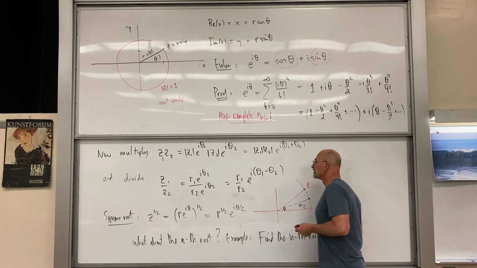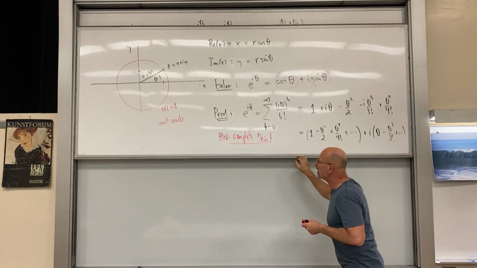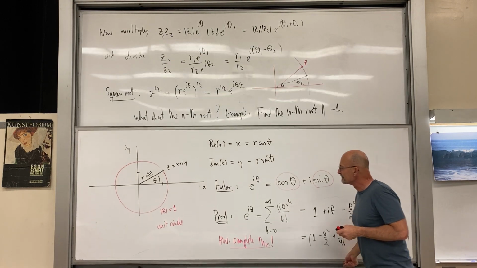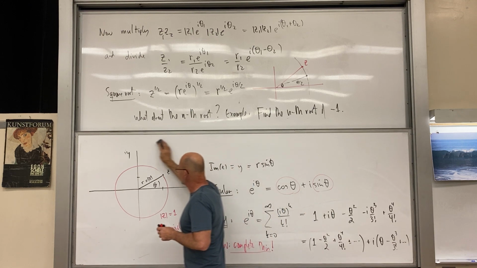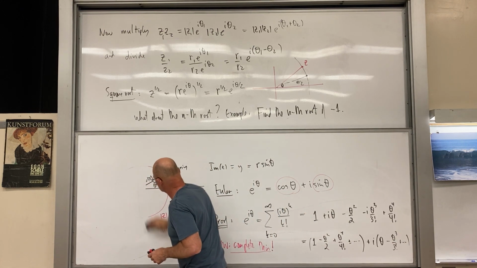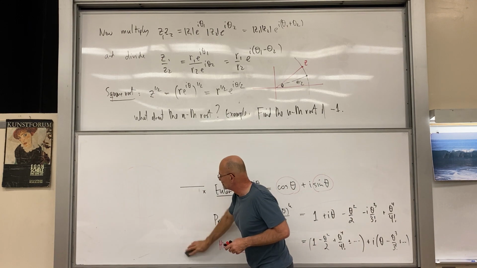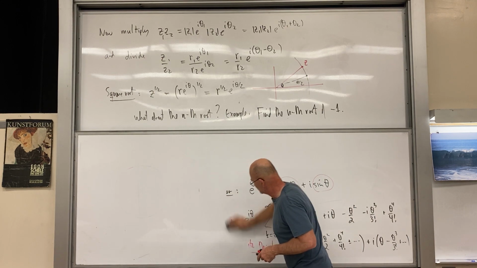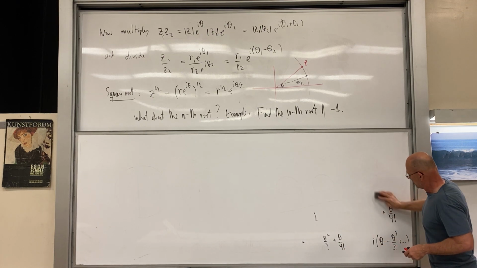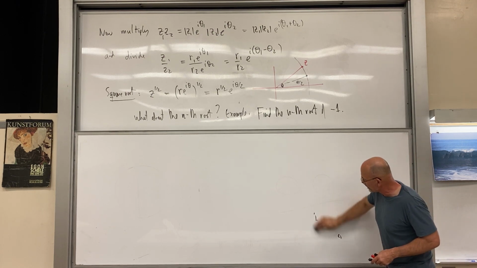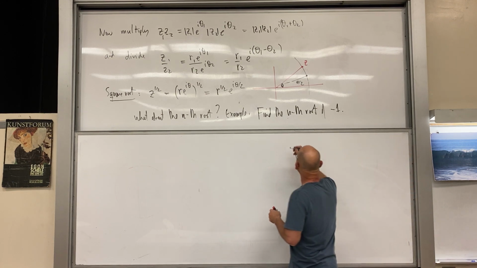The nth root of -1 is a little more interesting, but it allows us to learn to visualize these things. Okay, so that's a good homework problem: find the nth root of -1. Homework.